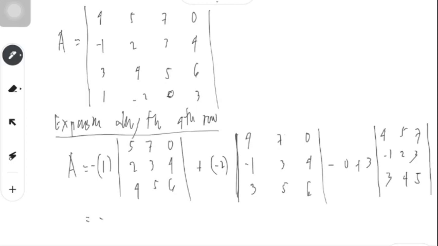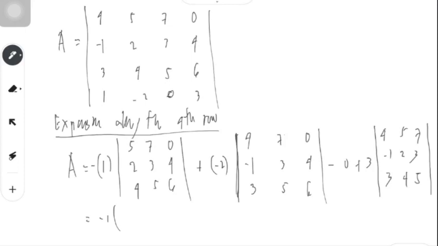So, it's negative 1 times, ano yung value nito? O kung gusto niyo, pwede nating i-manual kung makakasunod kayo, no? So, magiging 5 times 3 times 6, then plus 2 times 5 times 0, 0 na yon.